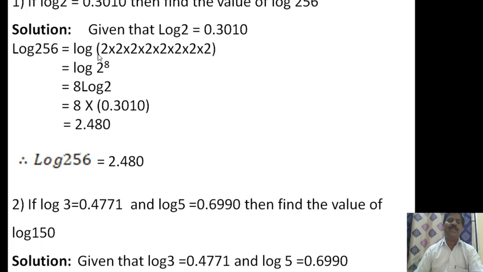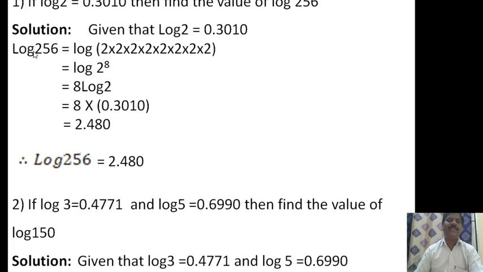How do we get 256? It is factorized: 2 into 2 is 4, 4 into 2 is 8, 8 into 2 is 16, 16 into 2 is 32, 32 into 2 is 64, 64 into 2 is 128, 128 into 2 is 256.